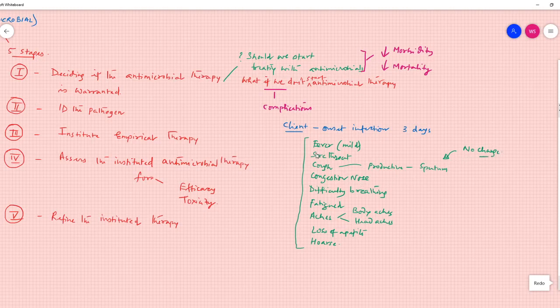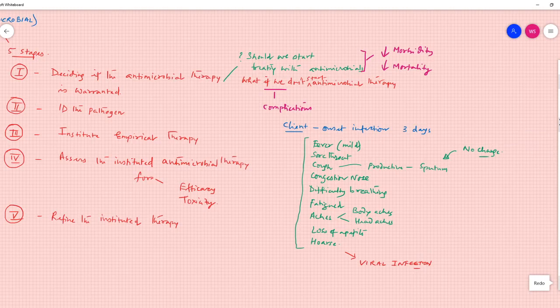Okay? Right. So this information leads you to assess the patient, and then you're left with no doubt that it is a viral infection. Okay, so it's an acute viral infection.